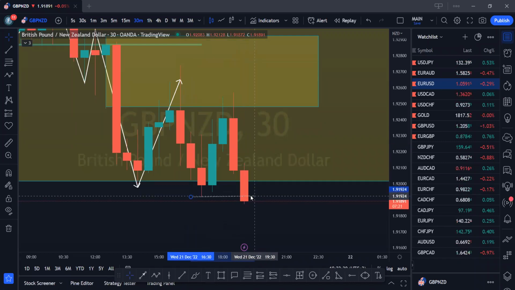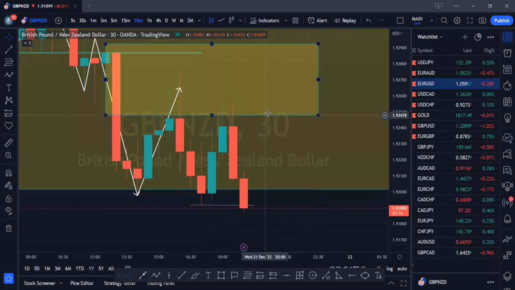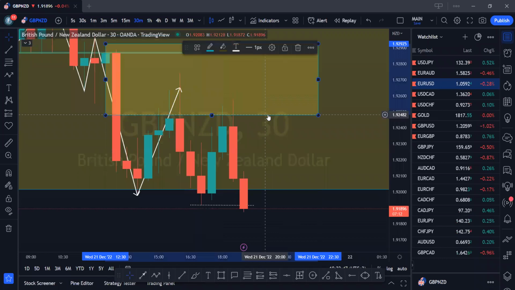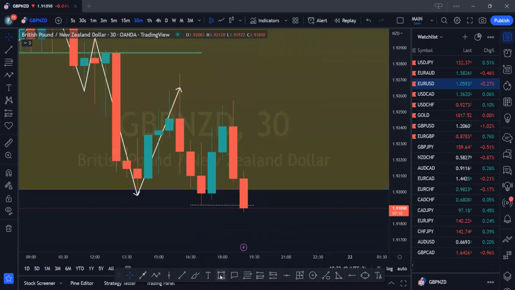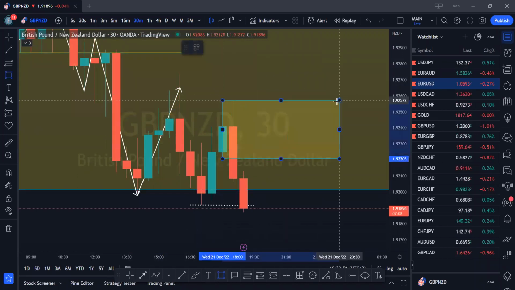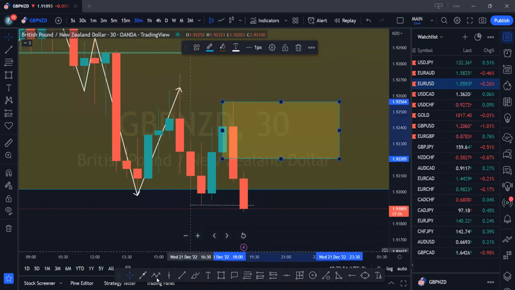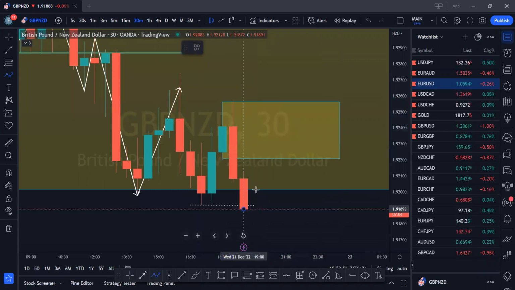Price is currently creating a lower low. So what you want to wait for right now is for price to retrace into this supply zone, like so. Very simple: wait for price to retrace into the zone before you look for an opportunity to sell.